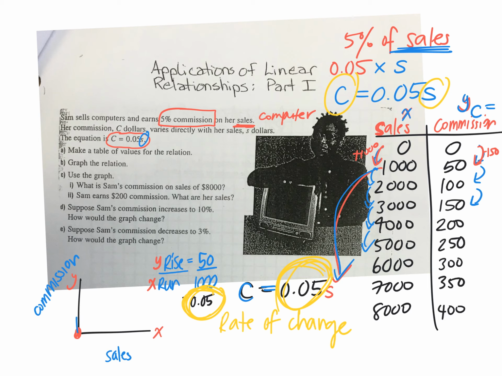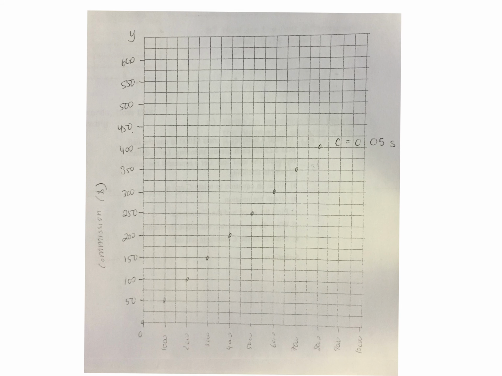Okay, so we've made the table. I want you to graph it now, and then you're going to answer these questions in your groups. On the x-axis, you are graphing the sales, and on the y-axis, you're graphing the commission, the amount of commission earned. We talked about this.